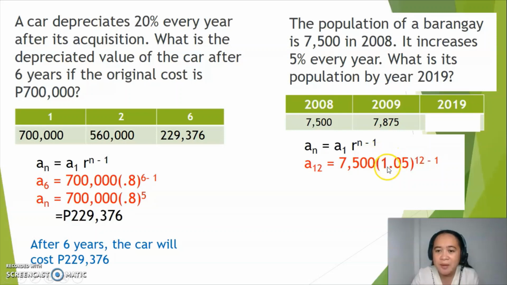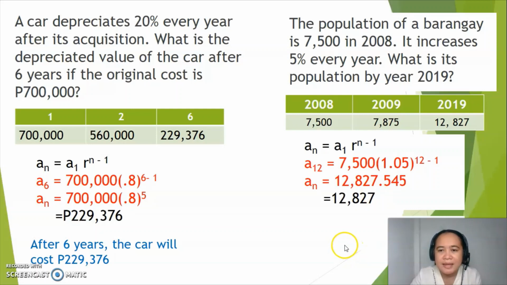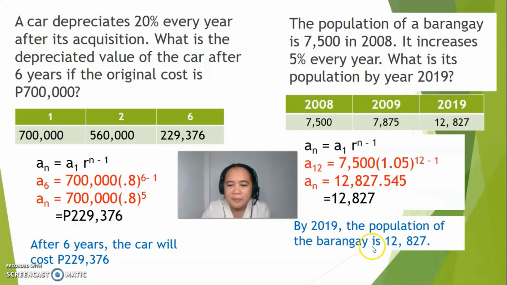So that's why it's 1.05 to the power of n, which is 12, minus 1. So simplifying further, we will get this one. It means that by 2019, the population of the barangay will be 12,827.